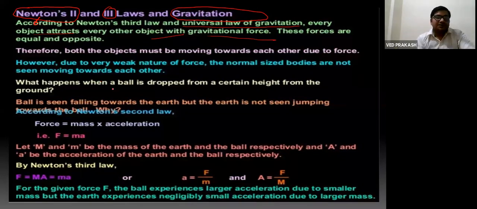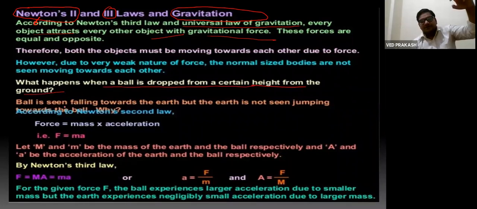What happens when a ball is dropped from a certain height from the ground? If you drop it from a certain height, it starts falling downward, and who is attracting or pulling it downward? This is gravitational force. So the ball is seen falling towards the Earth, but the Earth is not seen jumping towards the ball. Why did this happen?